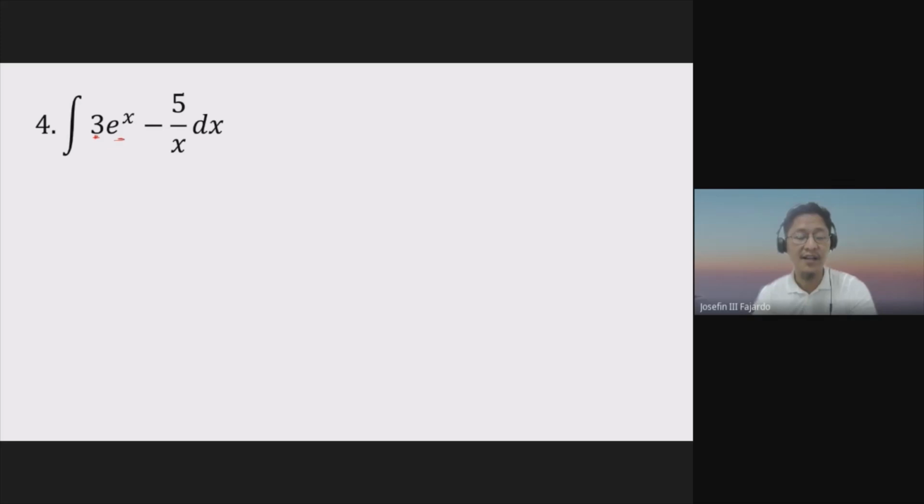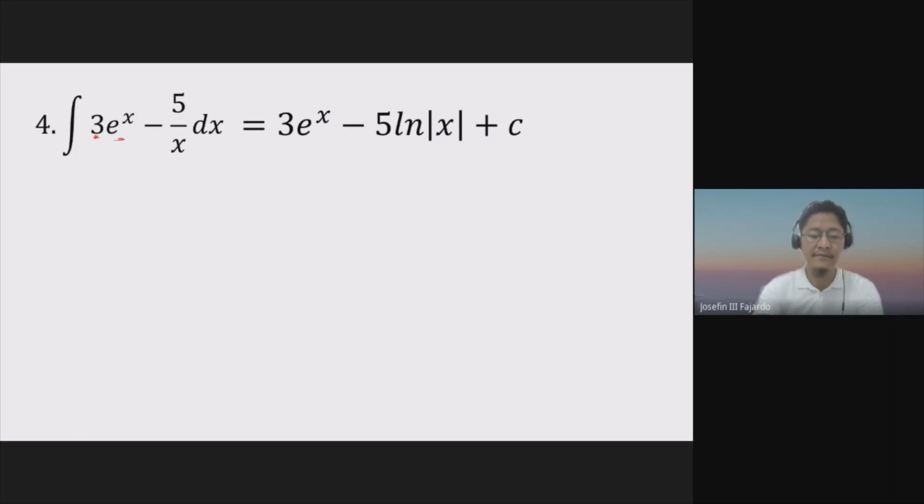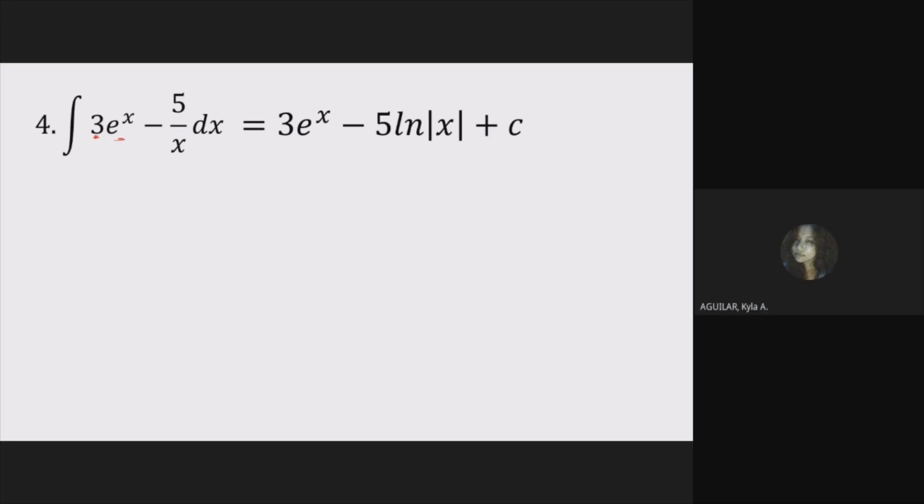So dahil yung ating x dito, ang exponent ay negative 1, ang magiging integral yan will be ln na lang siya. Malinaw po ba? Opo, sir. Okay.